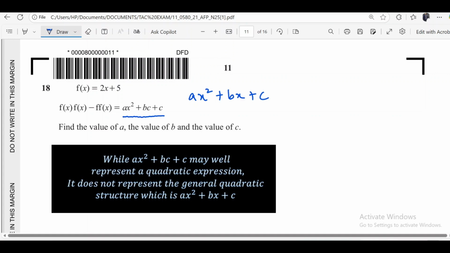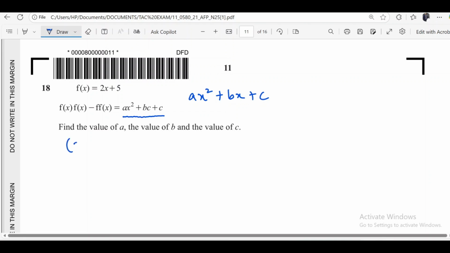But again, let us express, if we have f of x, that's going to give us 2x plus 5, 2x plus 5, then minus f of x is this. But again, because the right hand side is not a quadratic, let's see what this can give to us.